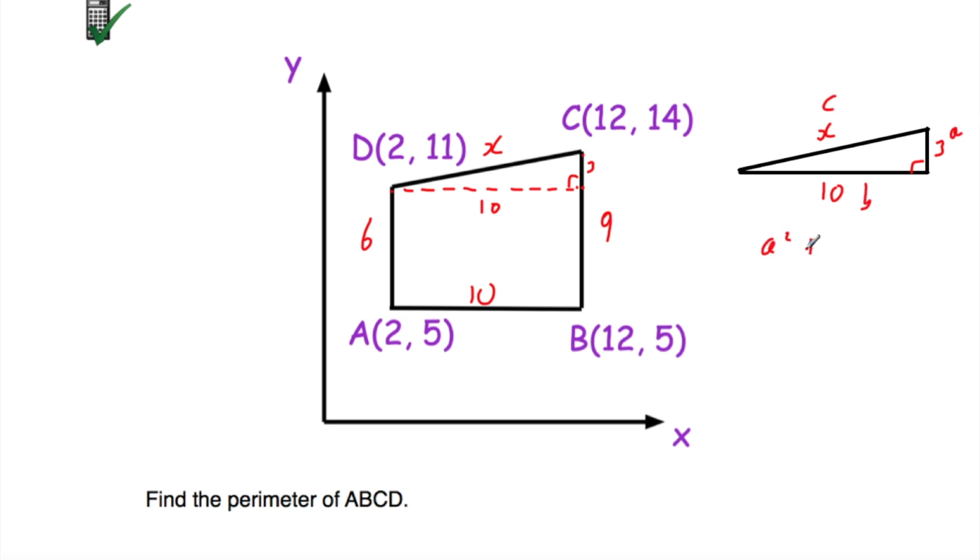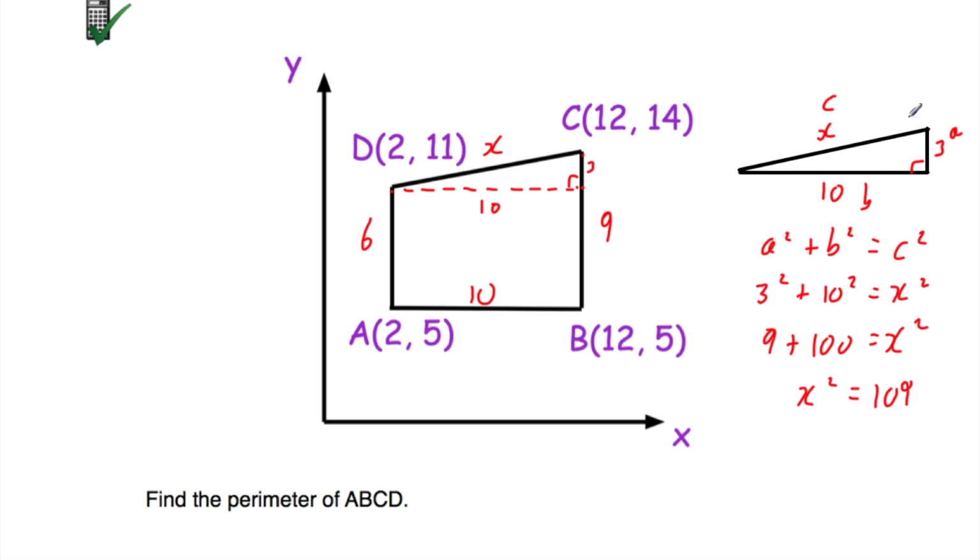So A squared plus B squared equals C squared. So let's substitute our values. A squared, that's going to be 3 squared, plus B squared, that's going to be 10 squared, is equal to C squared, and C's X, that's going to be X squared. 3 squared is 9, so we've got 9 plus 10 squared is 100, is equal to X squared. So that means that X squared is equal to 109.